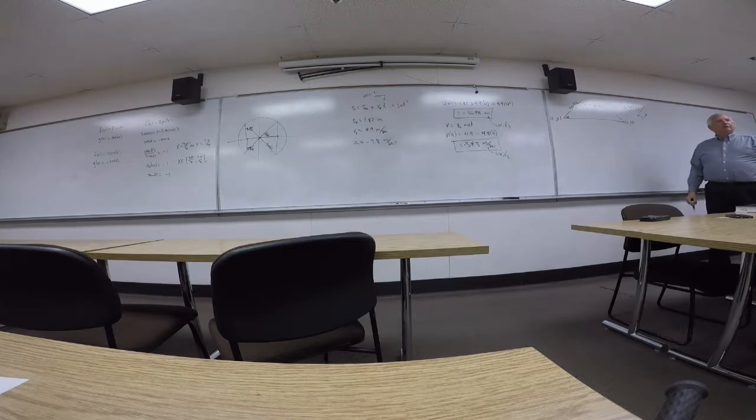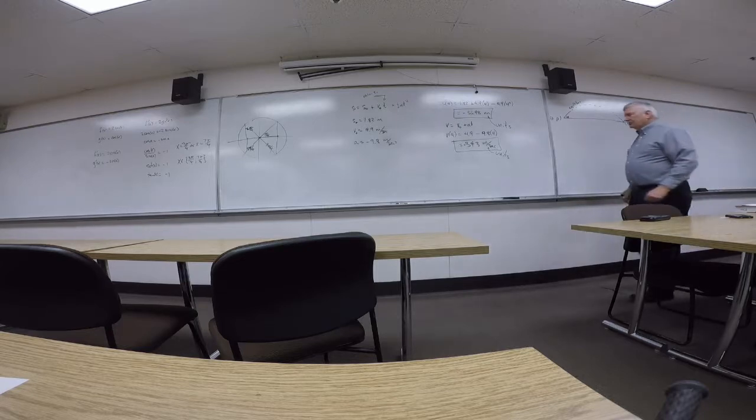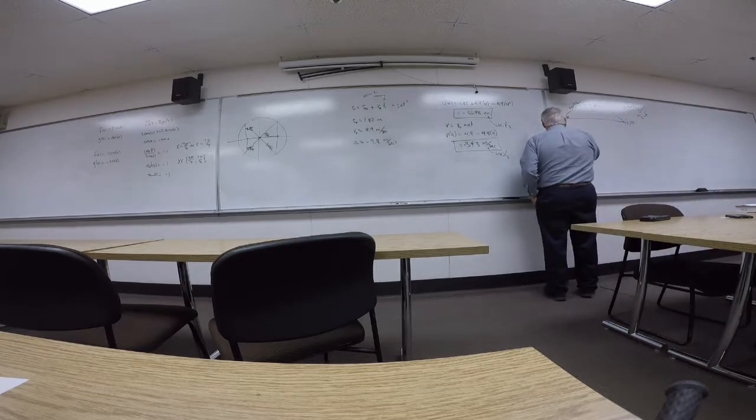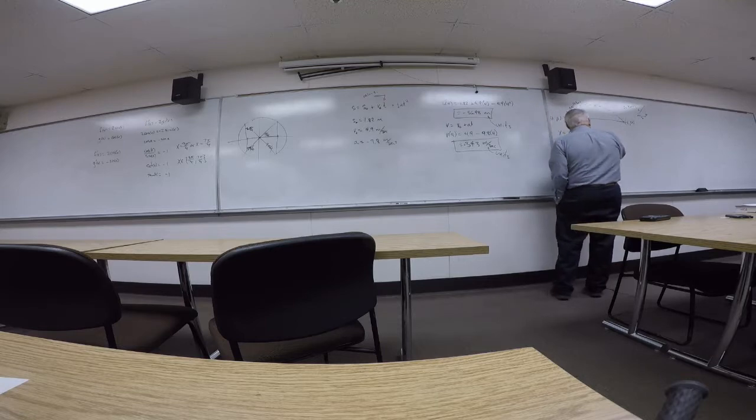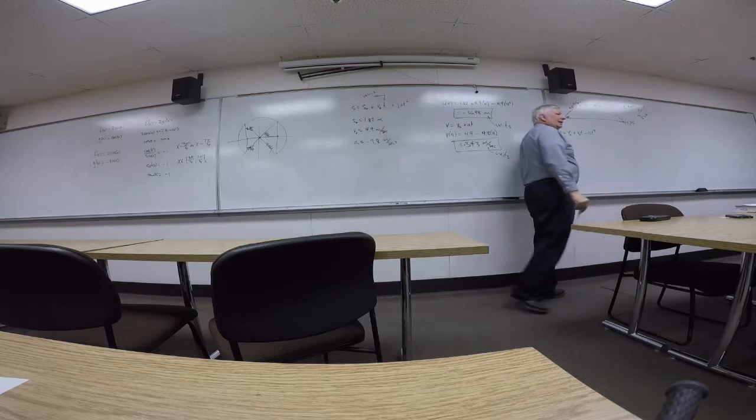How do we get there? We solve two equations. We have a y position equation. Y equals y naught plus v sub y t, and in our case, minus 16t squared. Again, half of g.